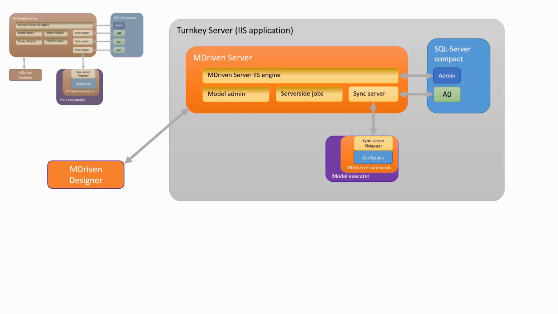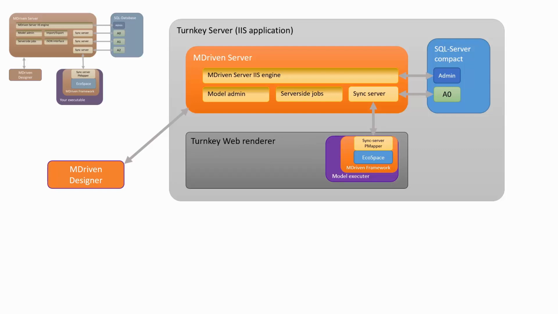Now we have the same if you compare your executable up to the left with this new one here. We call that the model executor. It's the same thing, but it's more generic and it's inside the Turnkey server. But they are the same components. Now, to turn this into something that we can connect to with web browsers, we need to generate a user interface in HTML.